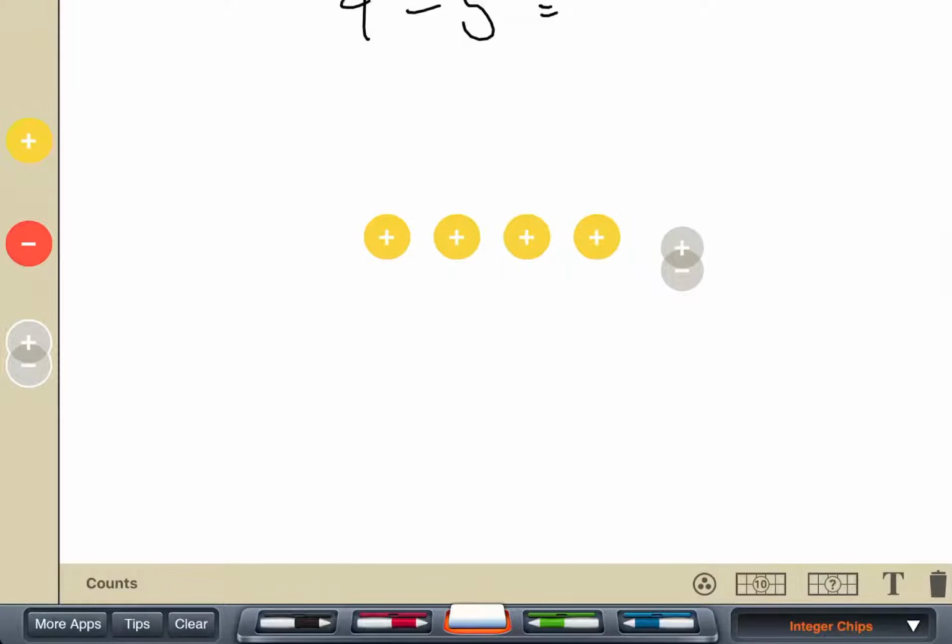That 0 pair is obviously 0, but we're going to split it up like this. Now I have 5 positive counters that I can take away. I've got 1, 2, 3, 4, 5. Let's take them away, and what am I left with? I'm left with -1 counter.